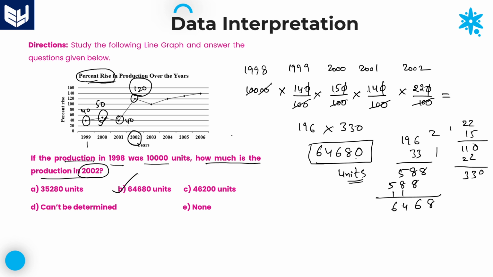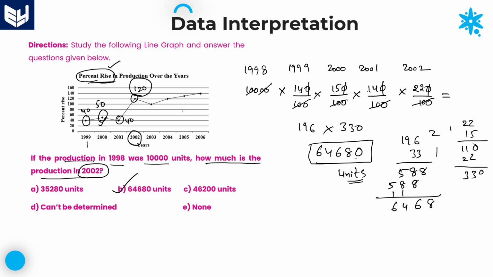In this way you need to solve these kinds of questions. Whenever the information is given related to percentage rise, every year the value increases. The starting year value is less compared with the ending year, undoubtedly. Why? Because every year the value increases, there is no decrement in the values.